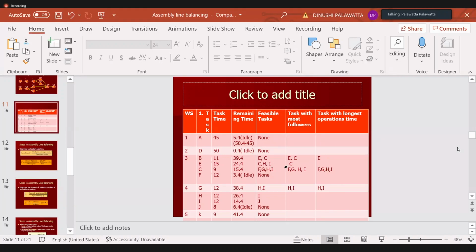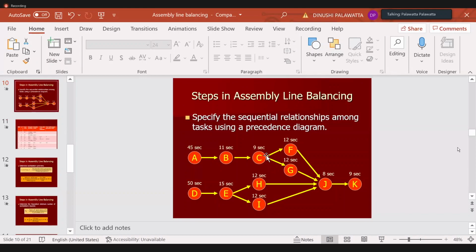Out of them, we selected C because C has the most following tasks. If you look at the diagram, you can see C has following tasks F, G, J, K, that's 4.